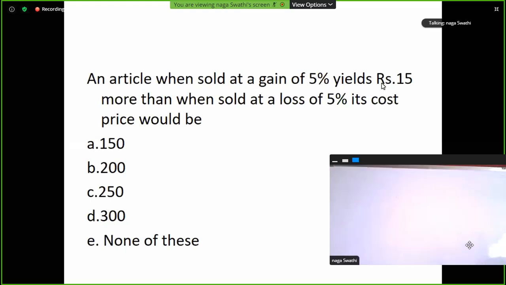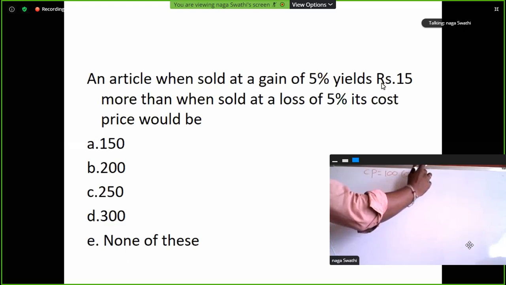Okay, so here an article when sold at a gain of, that gain means profit. Clear? So here cost price is always how much percentage, ma'am? 100 percentage. Clear? 100 percentage or 100 rupees. And here cost price is equal to x.